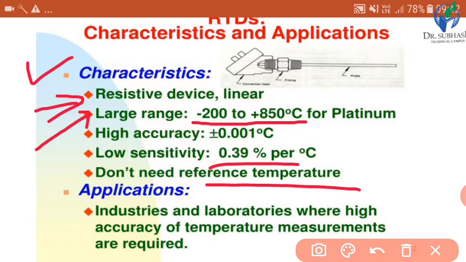If we use a thermocouple, a reference temperature is needed, but in this case no reference temperature is needed. What are the applications? Industries and laboratories where high accuracy of temperature measurement is required. Many places in industries use this because its accuracy is very high. Whenever our requirement is very high accuracy of temperature measurement, we can use RTDs.